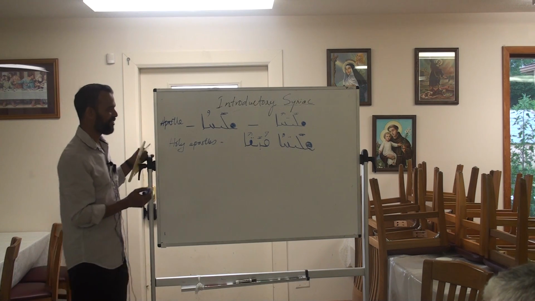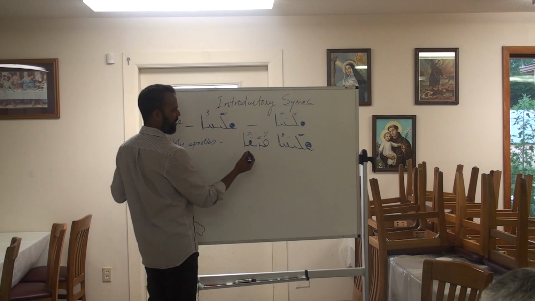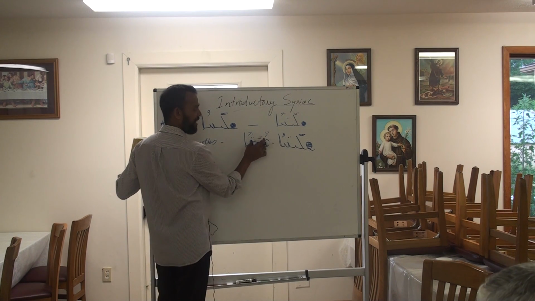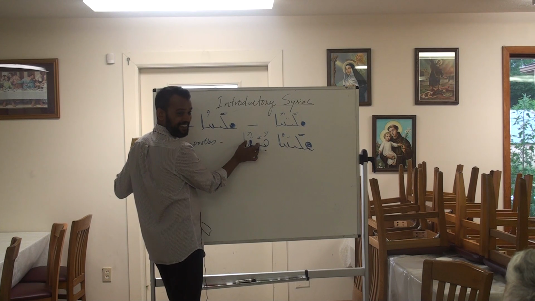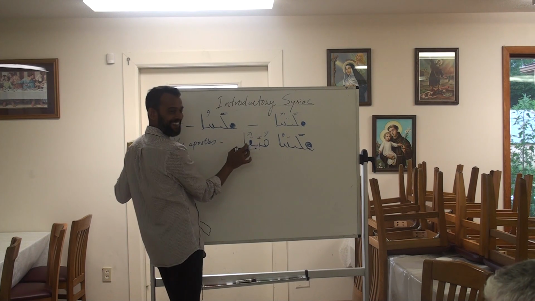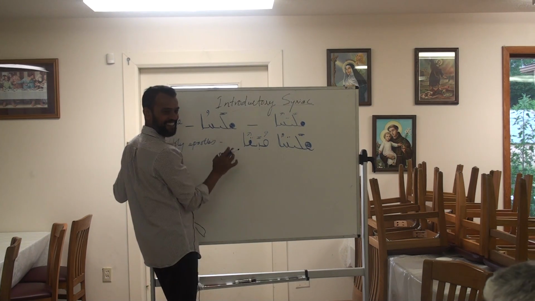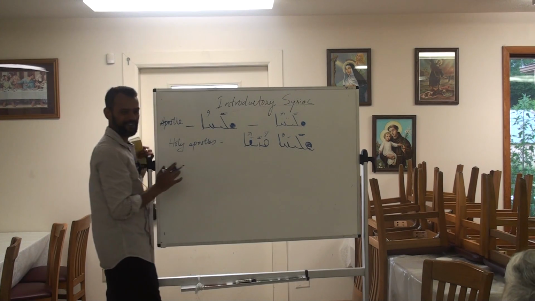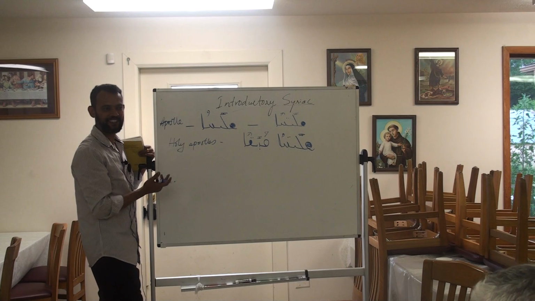Okay, so in most cases we put these two dots somewhere in the middle of the word, but if a dalat is there in the middle, just move it to either side of it.